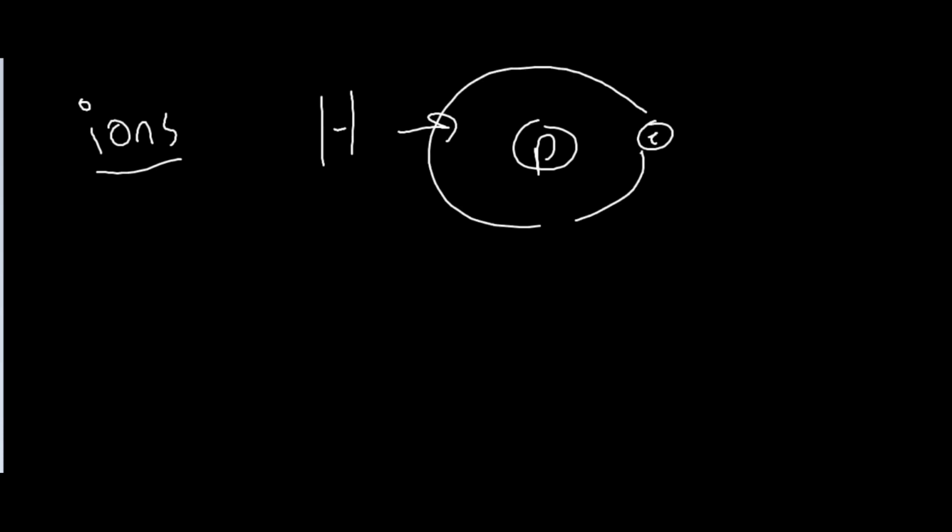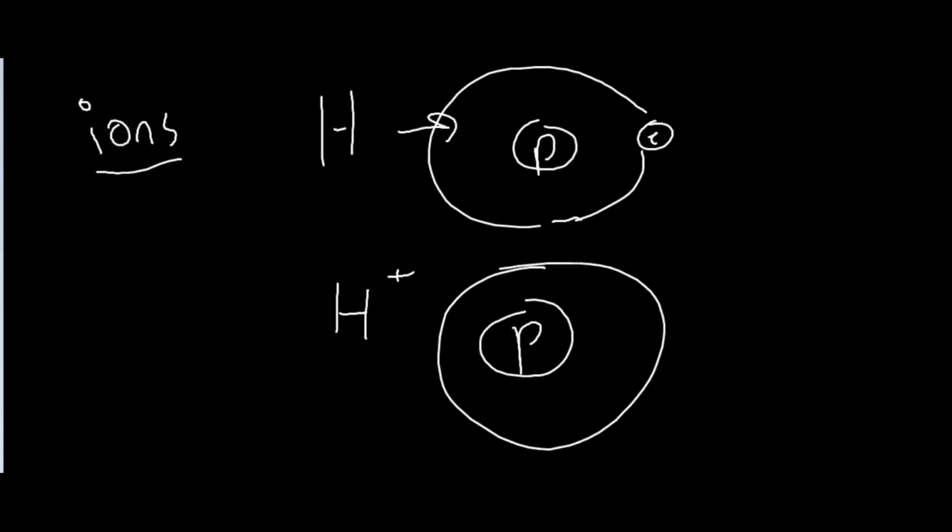Something becomes an ion when the amount of electrons does not equal the amount of protons. So let's say H plus, or an ion of hydrogen, is going to just be a proton just existing, as it no longer has an electron. It will just have nothing around it. That is considered charged.